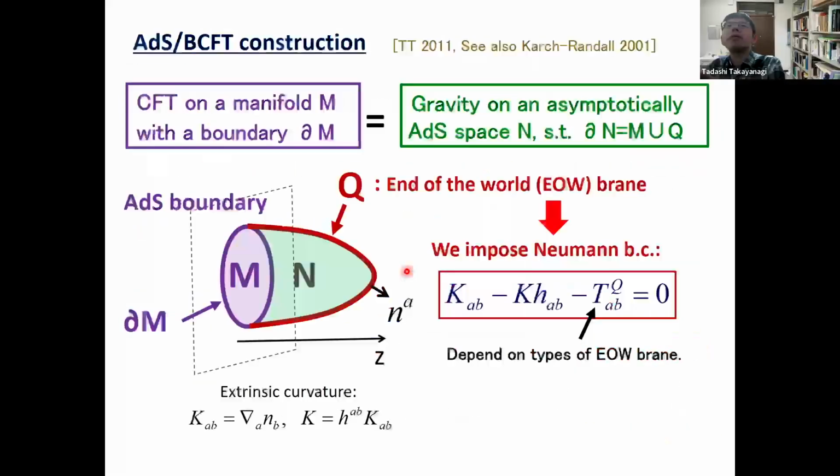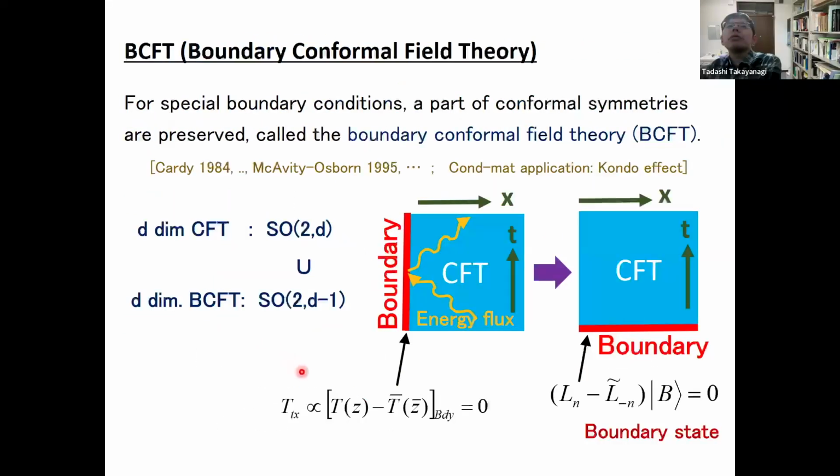Okay, but I didn't explain so much about BCFT. So more precisely, BCFT is defined the following way. We have a boundary and there is a CFT. But strictly speaking, the most strict definition of BCFT is that we require some conformal symmetry. For a specific boundary condition, a part of the conformal symmetry is preserved. If we think of a D-dimensional conformal field theory, it has SO(2,D) symmetry.